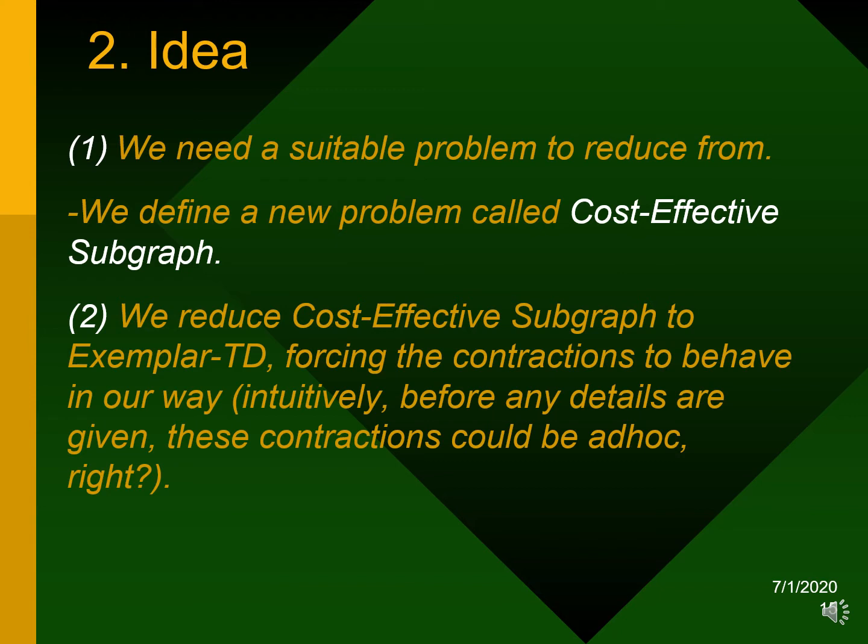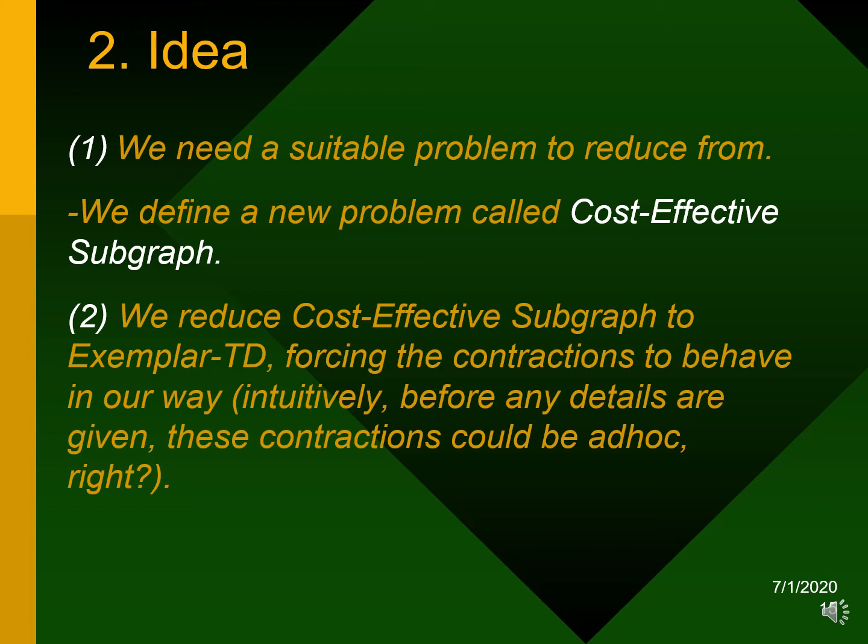For the first one, we define a new problem called cost-effective subgraph. As you will see in a minute, I will give enough details for this one to give you some feeling about the reduction. For the second one, when we reduce CES to exemplar TD, we need to force the contractions to behave in our way.